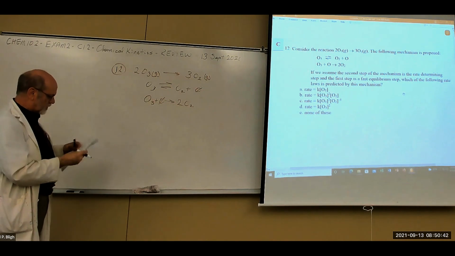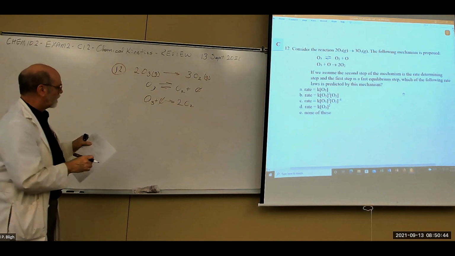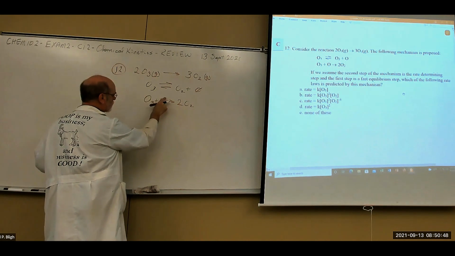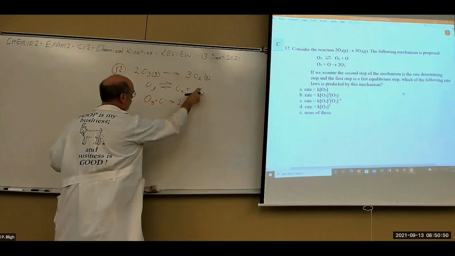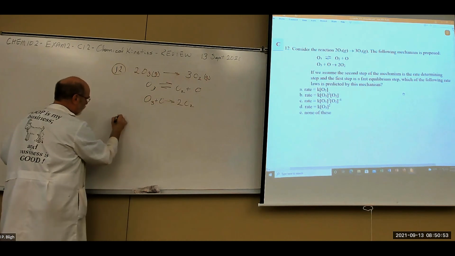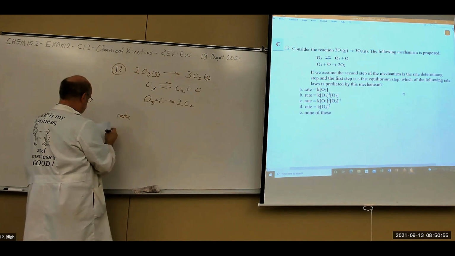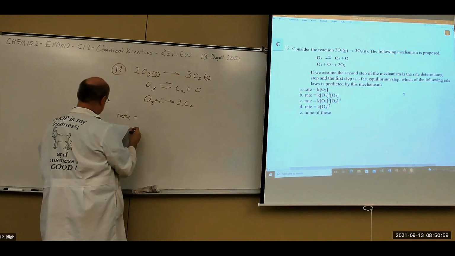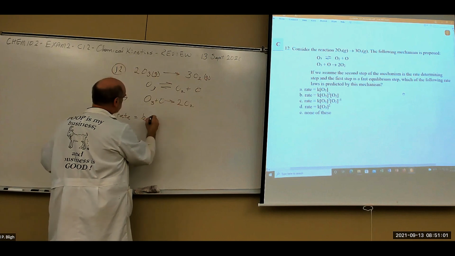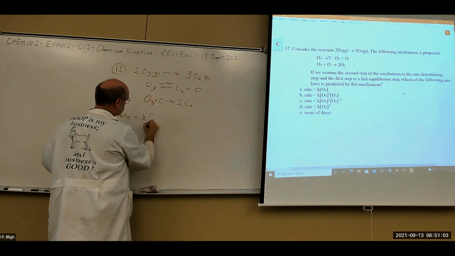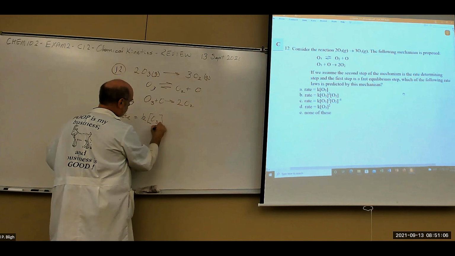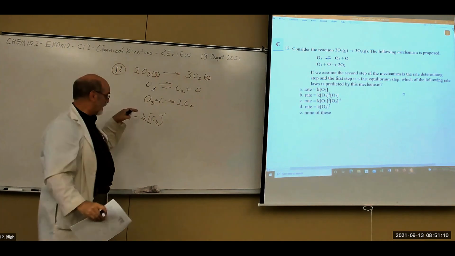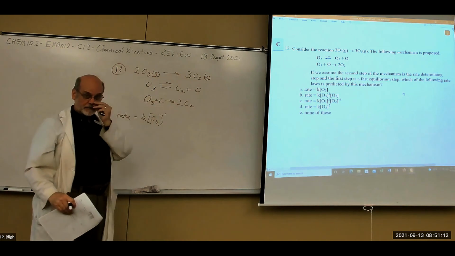So now what we have to do is write the rate law. The rate law is determined by this slow step. So if we write the rate equals some K times this one to its coefficient power. We're in the mechanism now, so you can use coefficients.